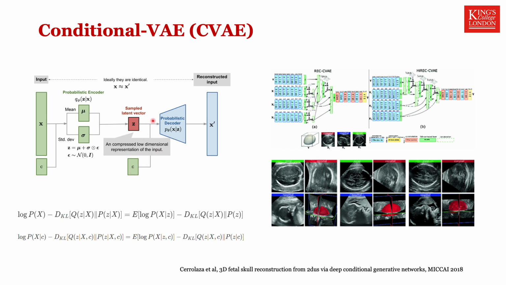So if any information about C was to be preserved within the mu and sigma and subsequently in Z, this would actually make the network non-optimal from the information perspective. So if the only information that is available in the probabilistic variational component of the network and in the sampled latent vector is information that is not present in C, then this becomes optimal from the point of view of this bottleneck.